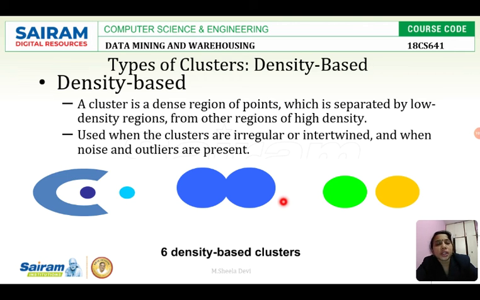So inside the cluster the points are densely populated, and between clusters there are low density regions. That is their distances; see here, the distance is high. It is used when the clusters are irregular or intertwined, and when noise and outliers are present. When irregular shapes of clusters are found or when noise and outliers are present, then density based clusters will be used.